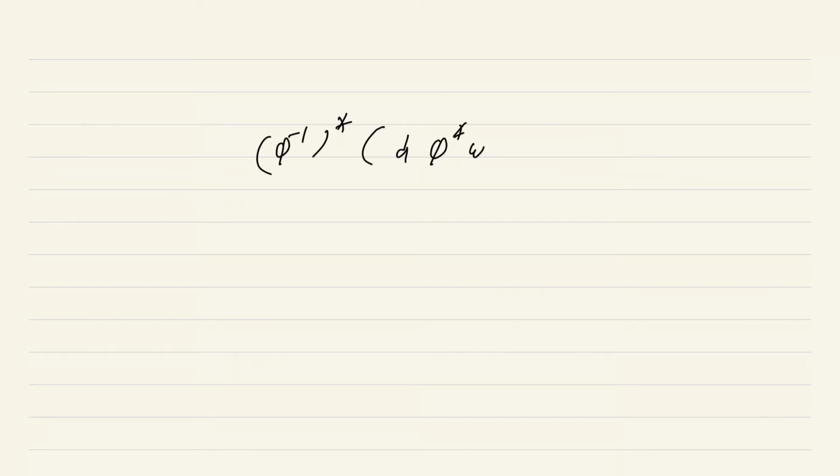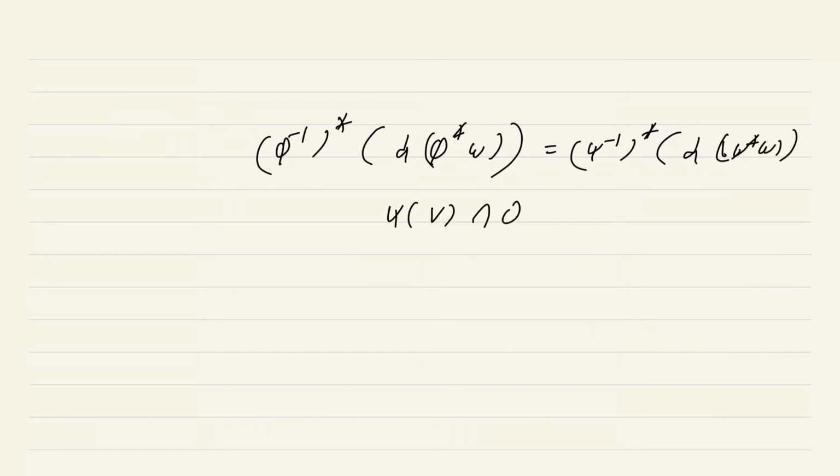And if you don't mind, I'm going to stop writing the restrictions of the form to the appropriate sets because it's self-evident which set we are talking about. We have to show that this is same as psi inverse star d psi star omega on the overlap psi of V intersect phi of U. On this overlap, both of these are defined and we have to show that both are equal on this overlap.